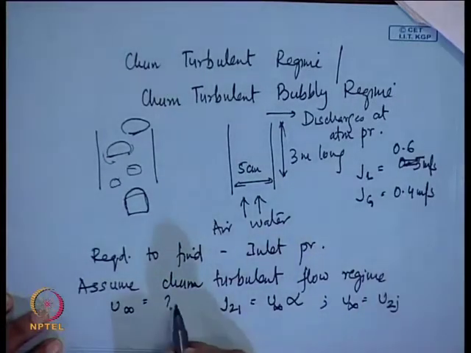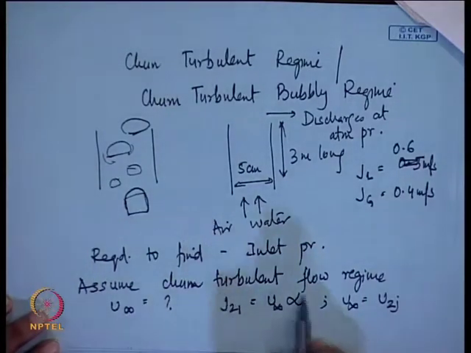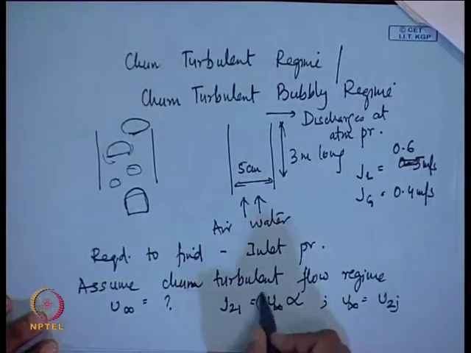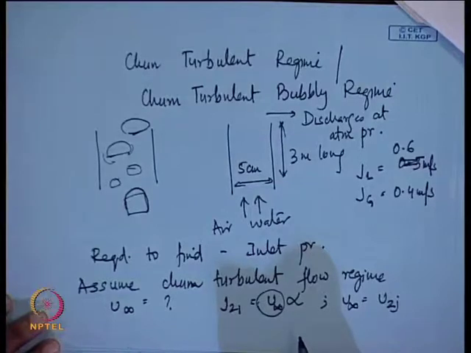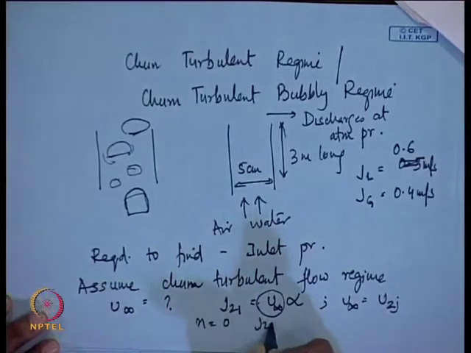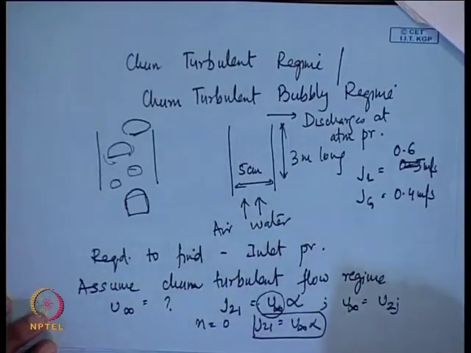So, the first thing we do is we assume churn turbulent flow regime. The moment we assume it, we can find out u infinity from the table which is given. And we know n equals 0. So, J21 equals u infinity into alpha, this we already know.